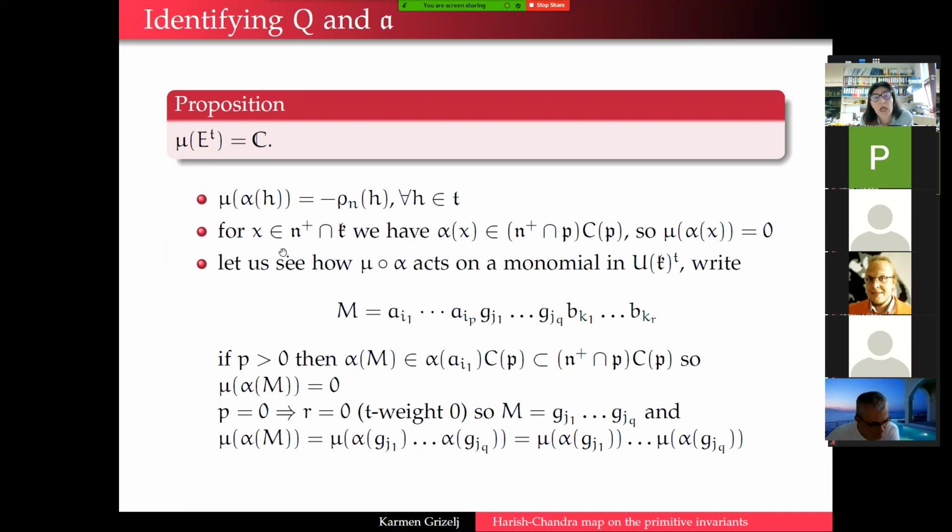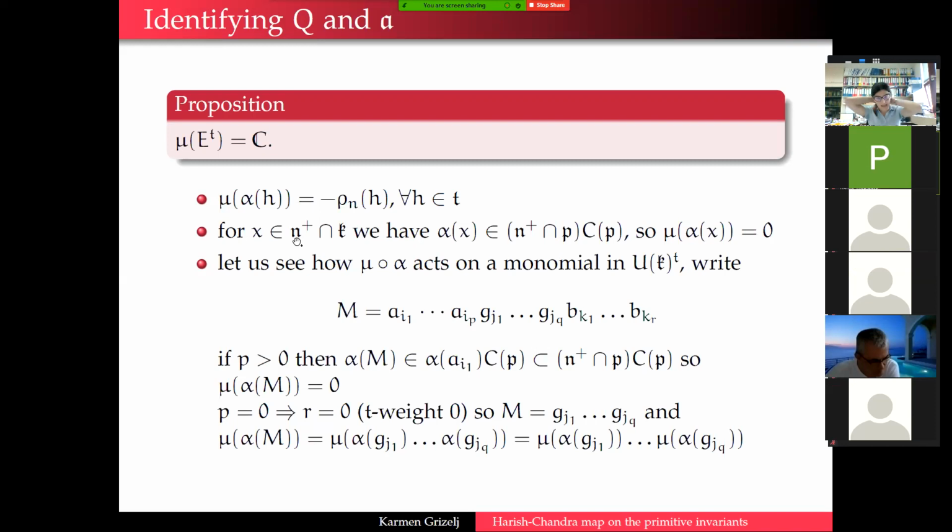Then we prove that if we take an x to be a positive root vector in K, then we actually have that alpha is sending that guy to this part here.